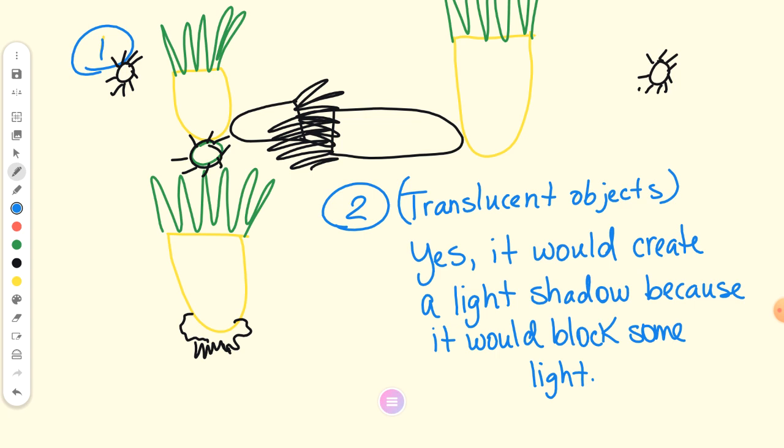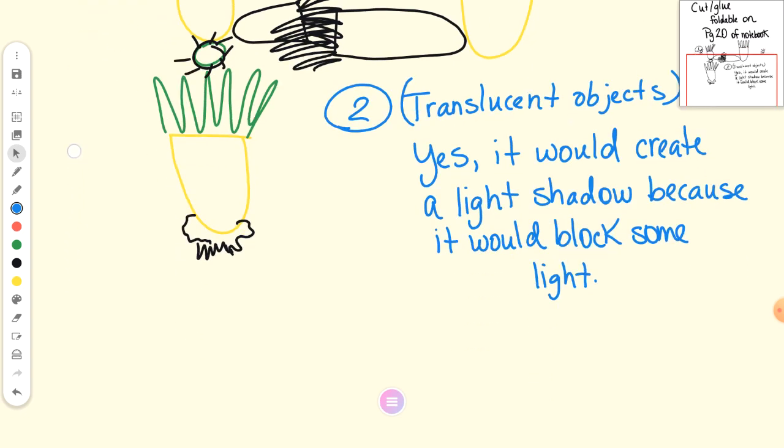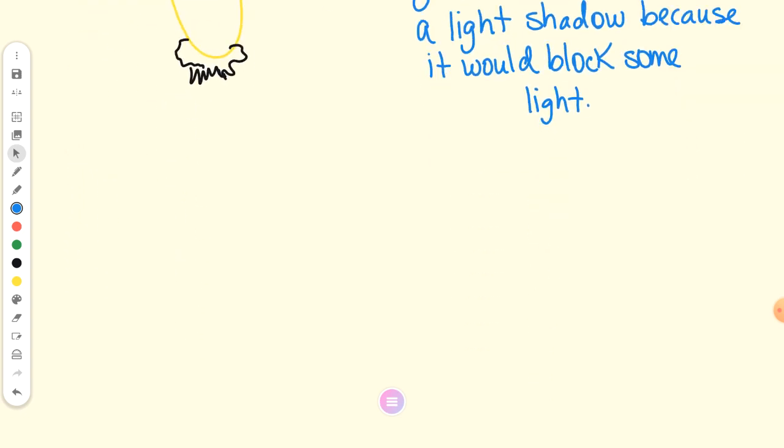Okay, number 4. In which picture is the light source closer to the object? So if the light source is closer to the object, what's going to happen to the object? Emma? The shadow of the object is bigger.